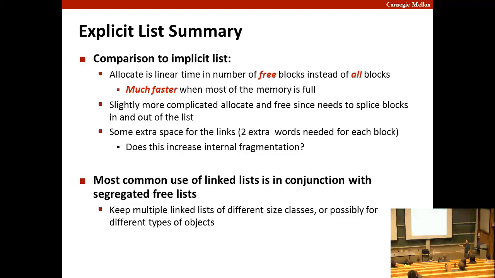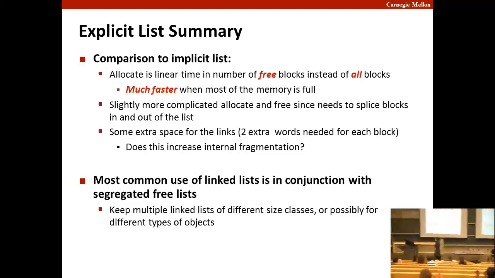There's slightly lower utilization, perhaps because my header just got bigger. In addition to the size, it has the previous and next. But remember, it's only the header, not the header and the footer. Okay. The explicit allocator is nice, but most commonly, the explicit allocator is actually part of what's called a segregated list system. And that's what we're going to talk about next.